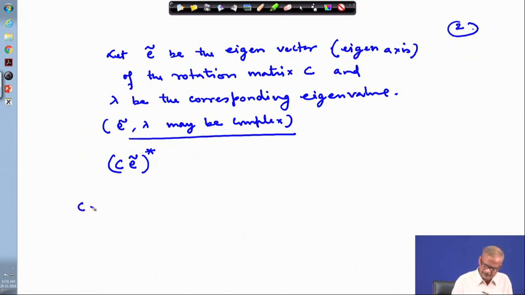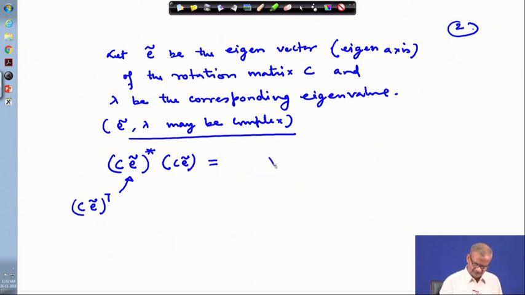That means, instead of writing C tilde transpose, we are writing it this way. This must be equal to, now this is operating on this E vector, and therefore this is lambda E tilde, from the previous page what we have written.